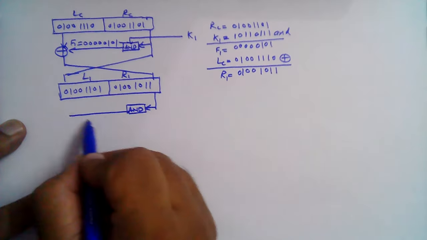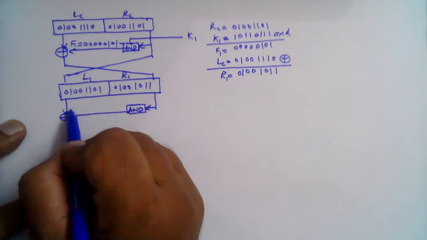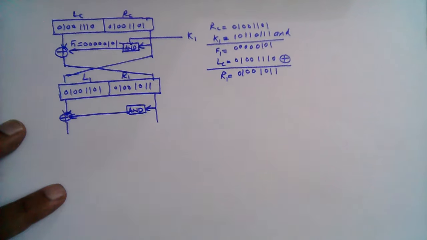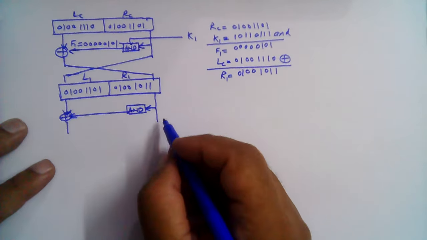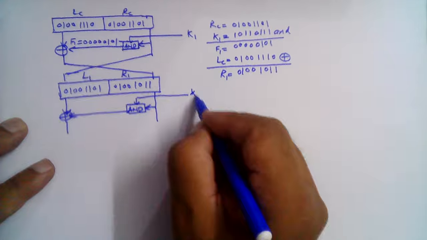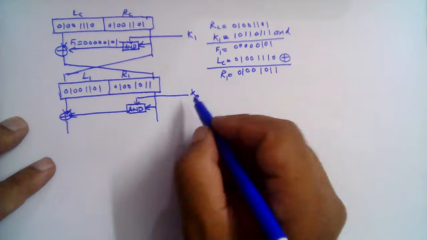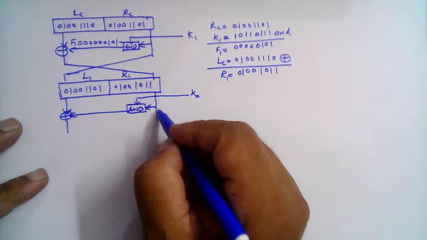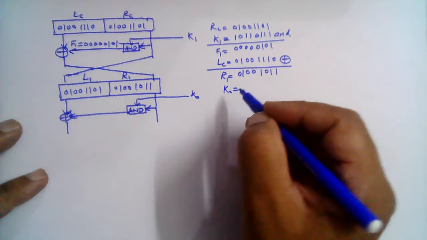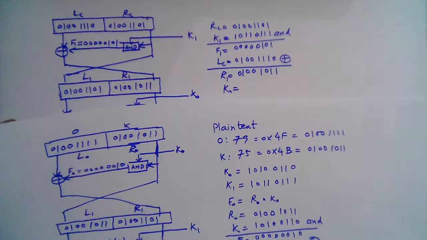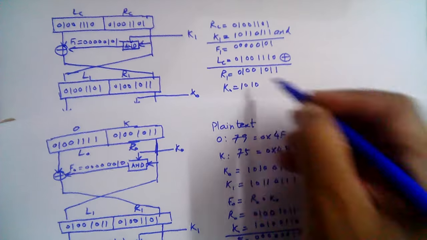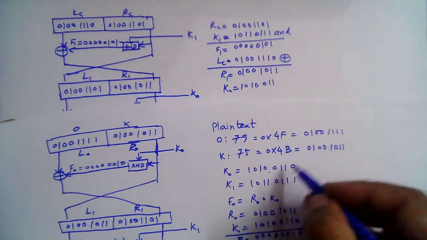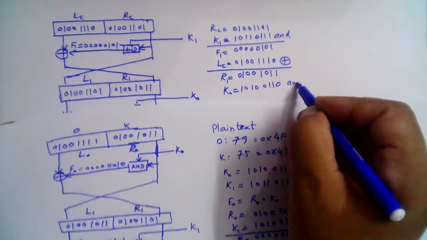So this now again goes through the same process, the AND operation, and this is XORed with this here, and this will give us the plain text. The key here is now K naught. So R1 is processed through K naught with an AND operation, and the K naught that we used was 1010 and 0110.